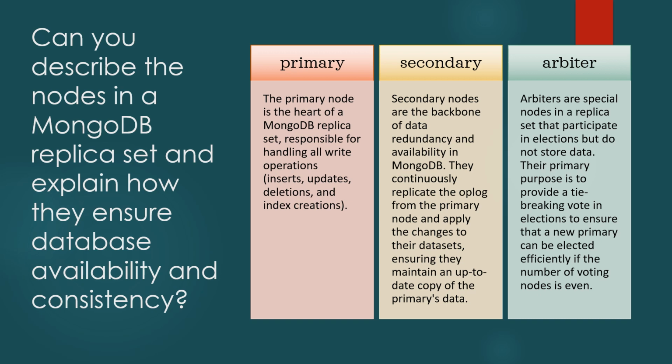Secondary nodes also allow for read scalability, distributing the read load across the system. Overall, MongoDB replica sets are designed to offer high availability, durability, and consistent data access, ensuring minimal disruption in the face of failures or maintenance events.